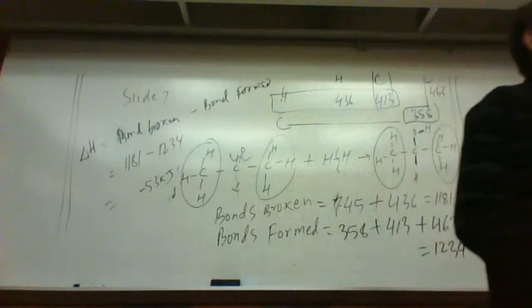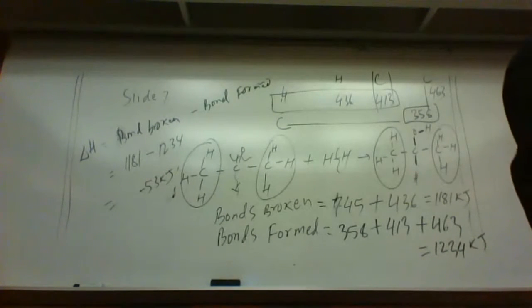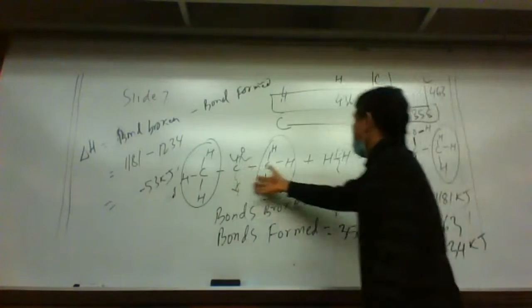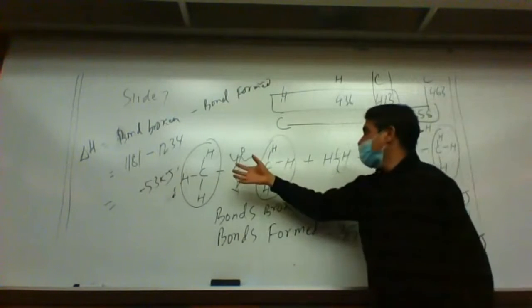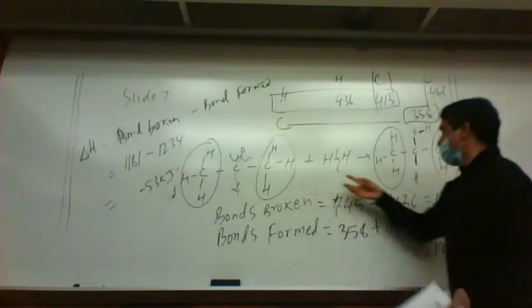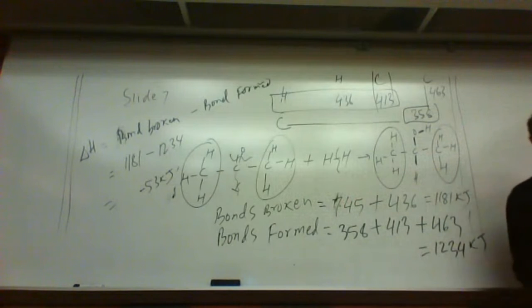So without doing any reaction, did we do the reaction using a coffee cup calorimeter? We didn't do the reaction, right? But we know all these bond values, and we can easily calculate how much heat would be released when we react this molecule with this molecule. If we mix 1 mole of this one and 1 mole of this one and react it, how much heat would it release?